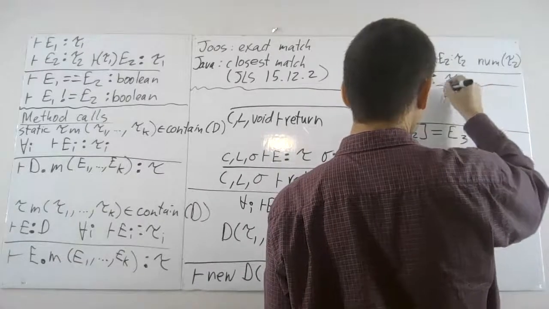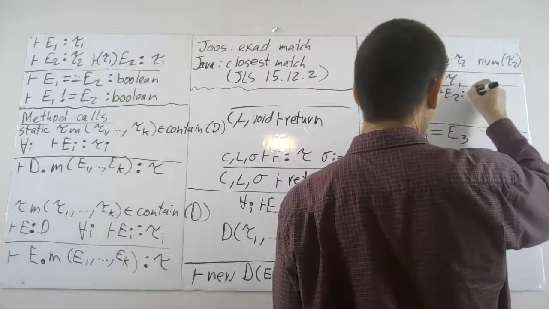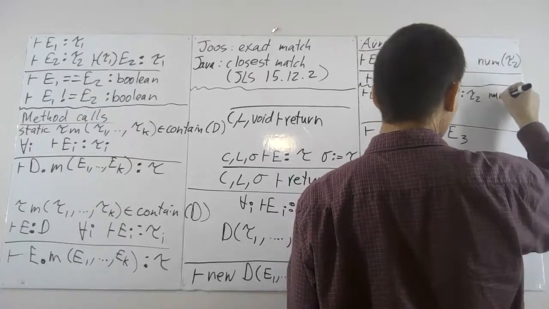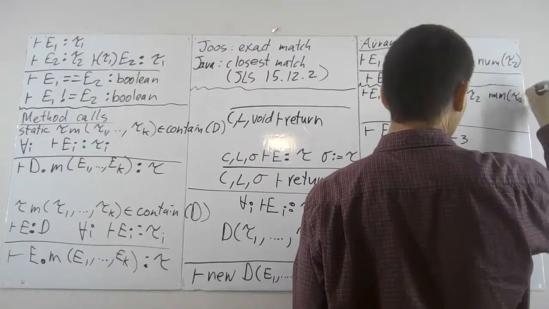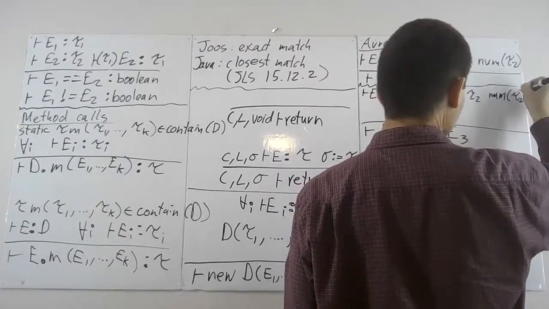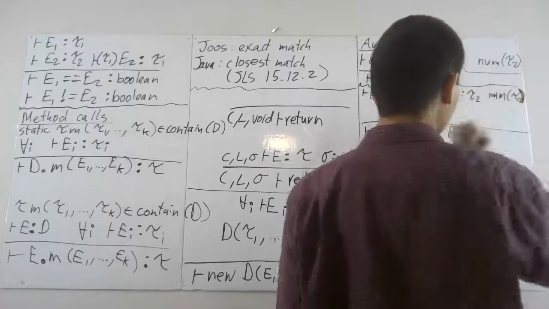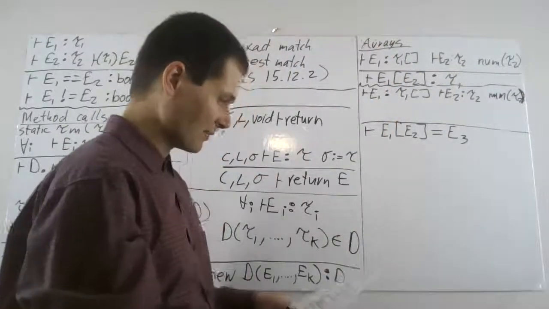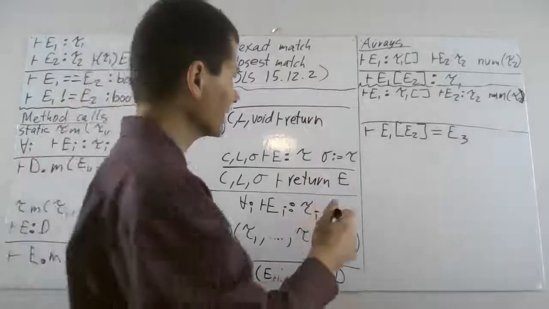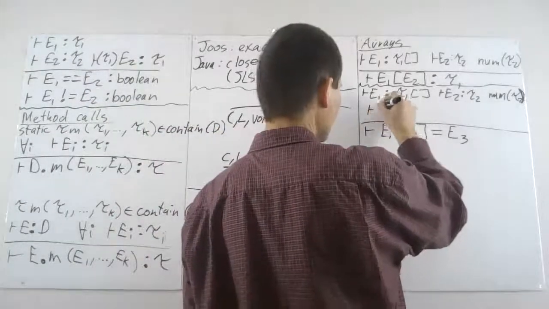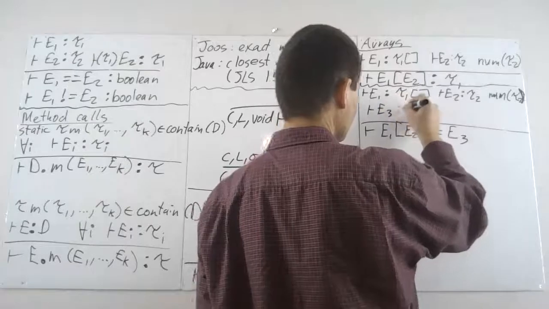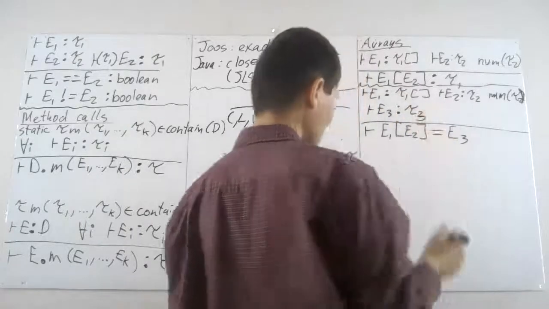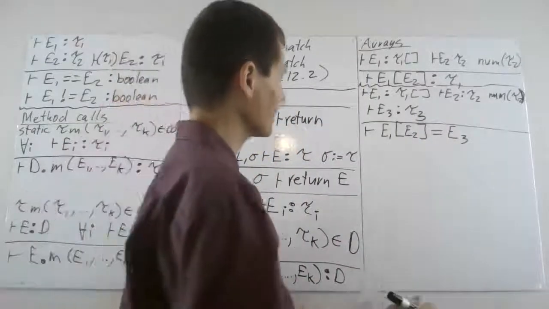E2 needs to have a numeric type, so tau2 has to be a numeric type, just like above. And the only difference now is we also have the expression E3 that needs to have some type. We will call that tau3.